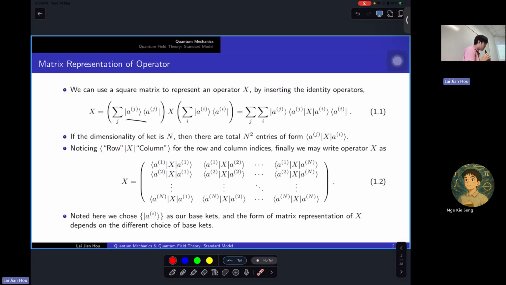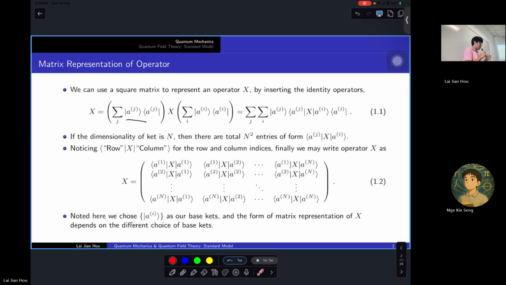It's a square matrix. So when we write down the X operator in this form, the components of the matrix can be written with the indices i and j running from 1 to n. The front part we treat as the row. Let's say row 1 and column 1 give the list of entries, and we arrange them in that matrix representation.